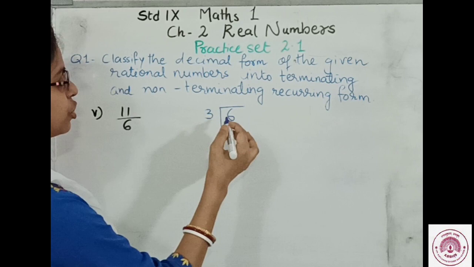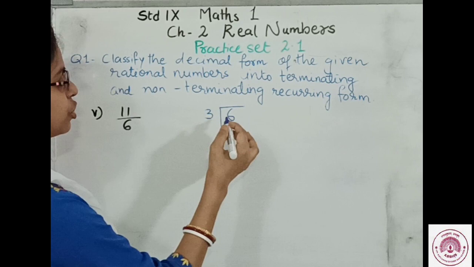200 times 3 is 600. Again after subtraction we get 100. Now we can add one more 0. 200 multiplied by 5 is 1000, so here we can take 5. After subtraction we will get 0.